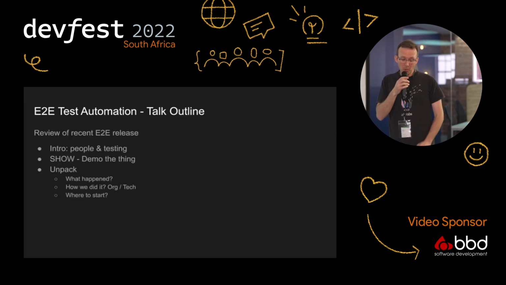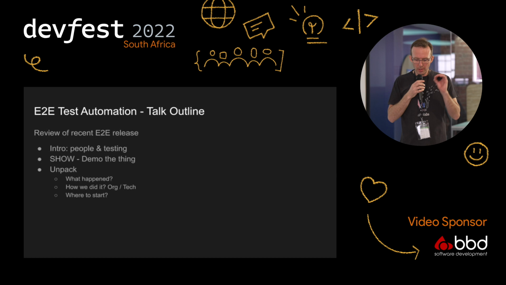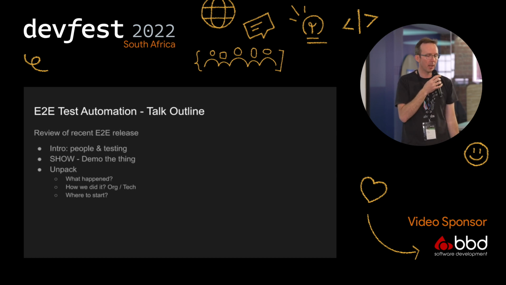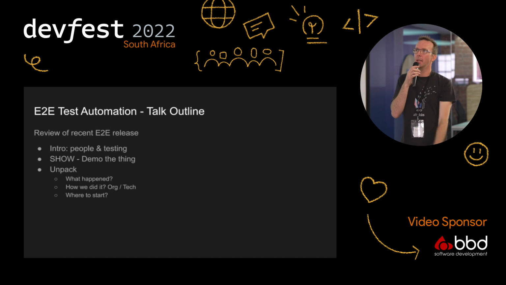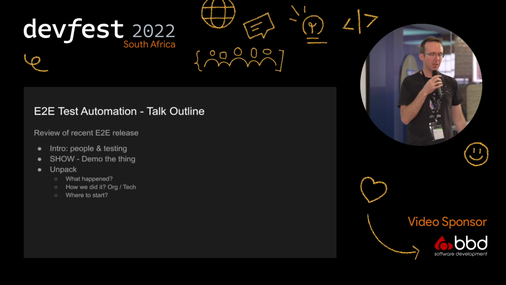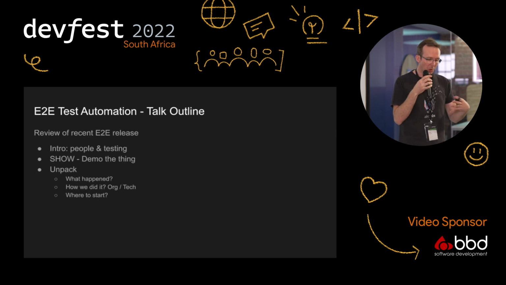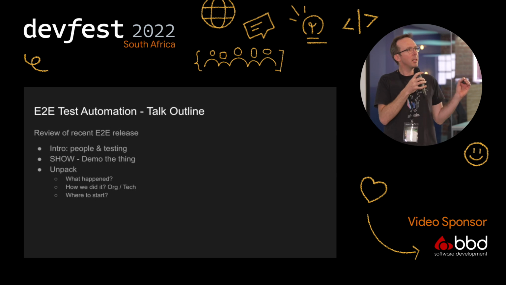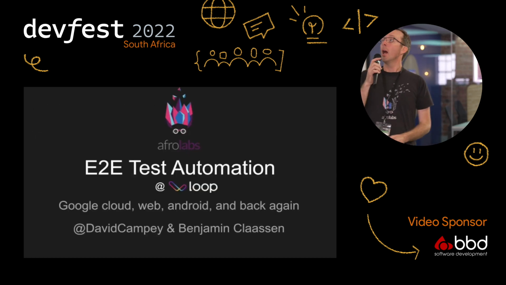That was just a quick review of an actual release. So I wanted to be really real and not super theoretical here. So Benjamin and myself spent a week, a month actually, trying to kick that can down the road. That's where he got to. You saw a demo of it. I tried to help you understand what just happened there, how we actually got it done organizationally and technologically, and finally, maybe giving you a clue where to start.